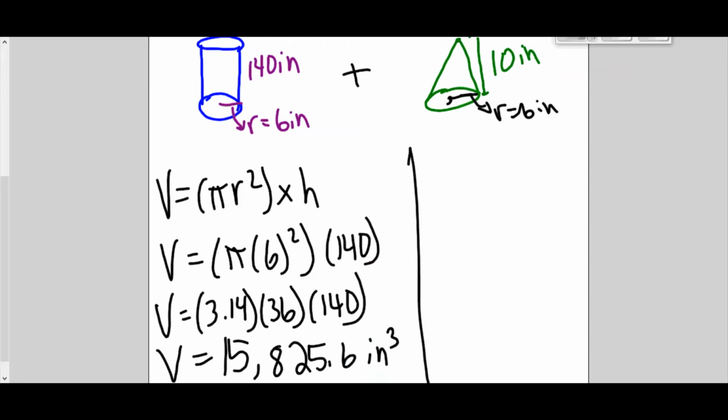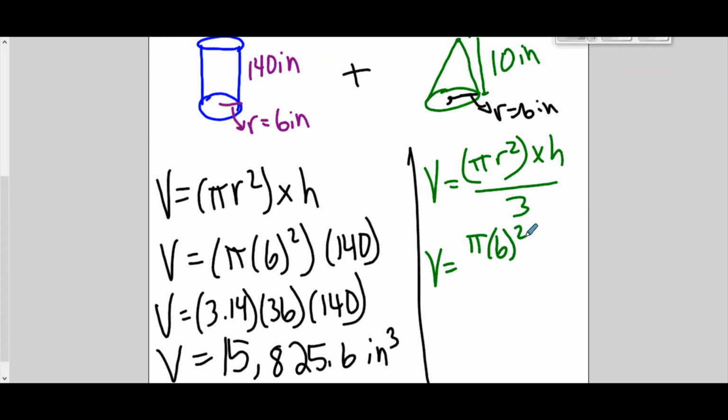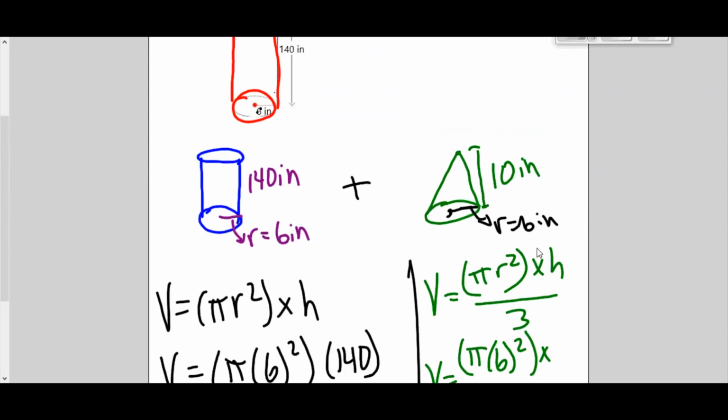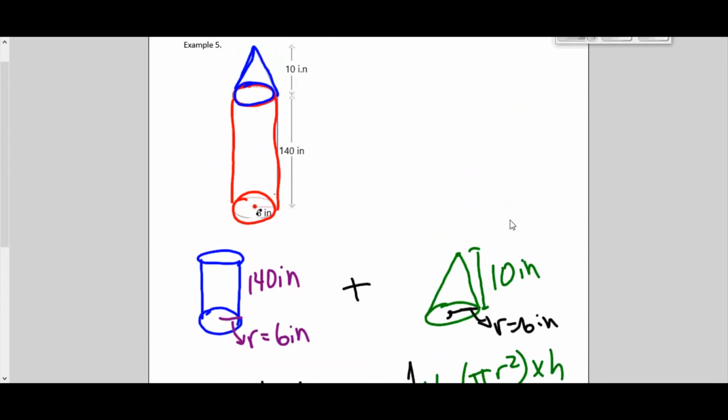And now I'm going to find the volume of the cone. So remember, it's going to be the same formula as the cylinder, but we're going to have to divide by 3. So it's pi r squared h divided by 3. So the radius is 6. The height, be careful, it's not 140 this time. The height this time is only 10 inches.